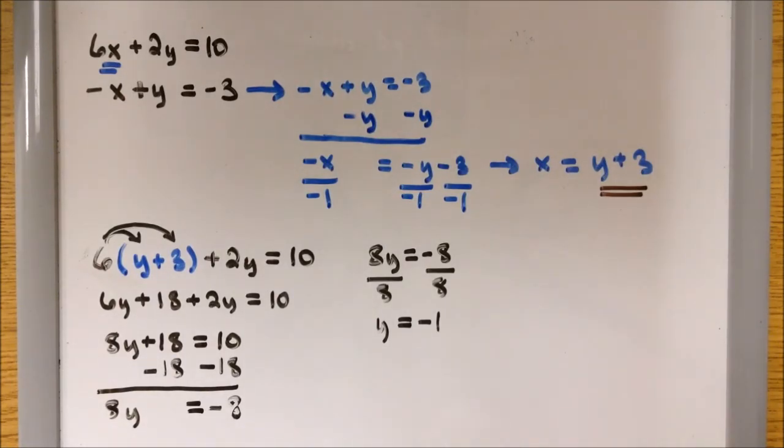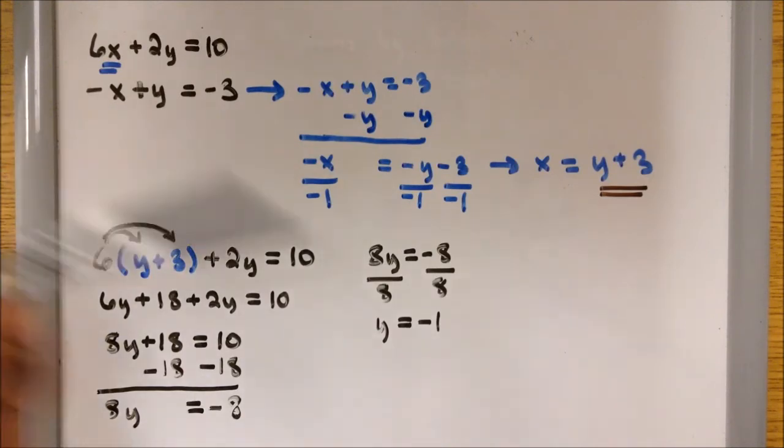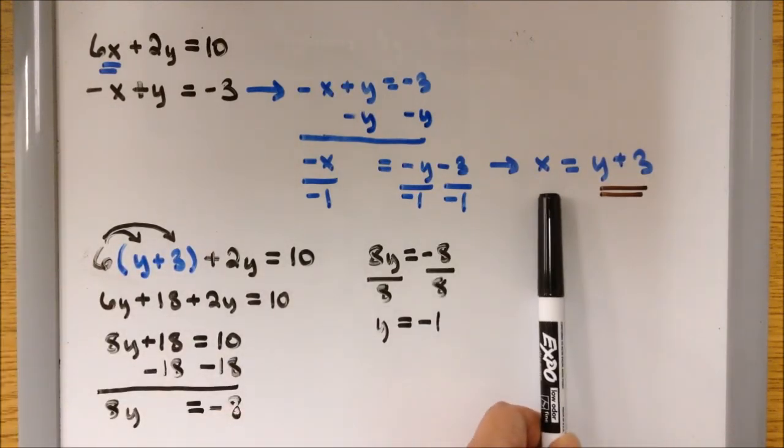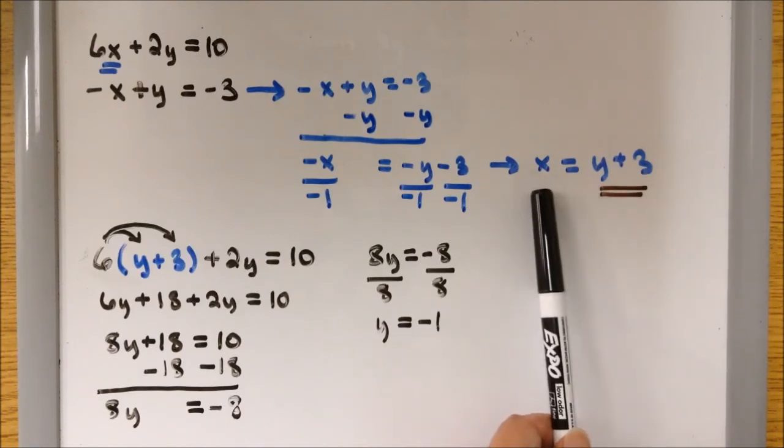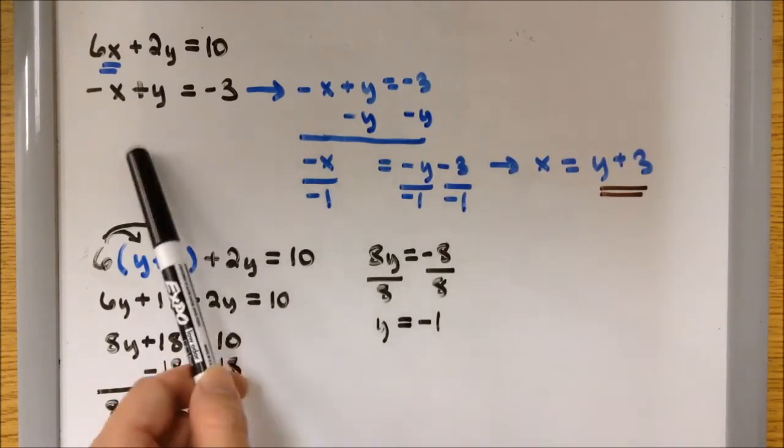Now, if I want to solve for x, I can use the original first equation or the original second equation, or I can use x equals y plus 3 because it has x by itself, which we were looking for from the second equation.